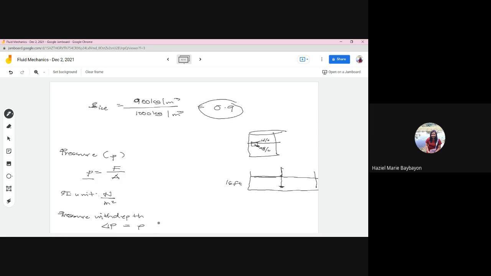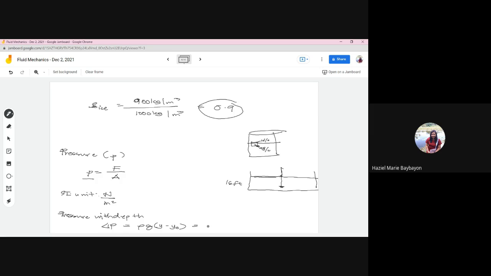Say for example, you are swimming in a lake of mercury or liquid sulfur or water. So this rho here, class, is the density of the fluid, multiplied by the acceleration due to gravity, and then the change in height, y minus y naught, the initial position minus the final position.